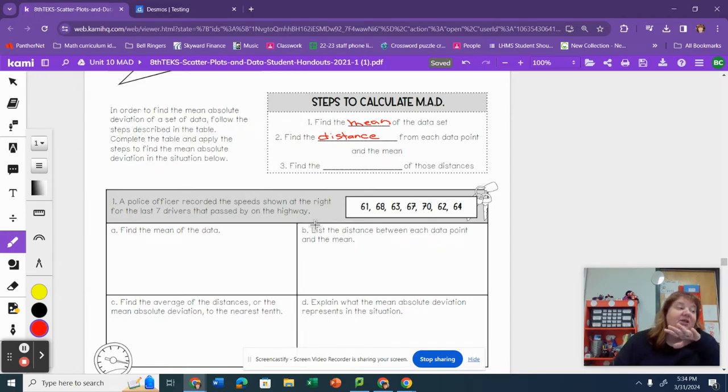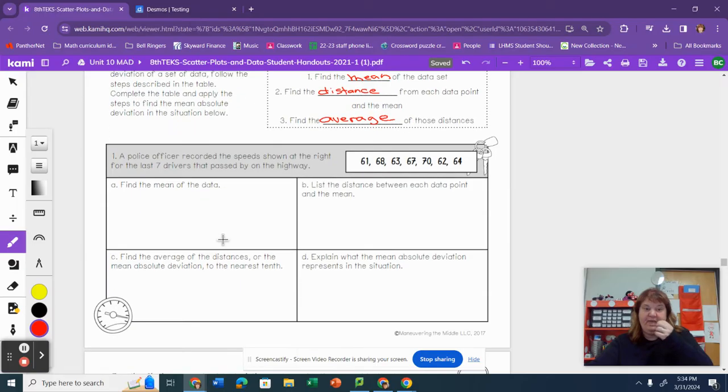And then you're going to find the average, which is almost like doing the mean again. We're going to find the average of those distances. So let's take this step by step.